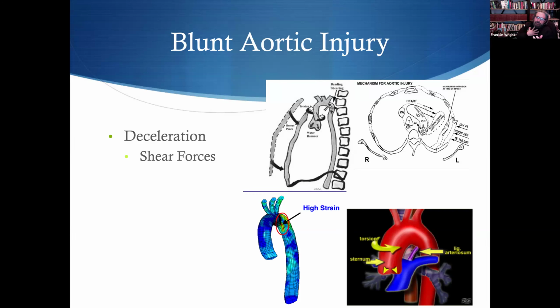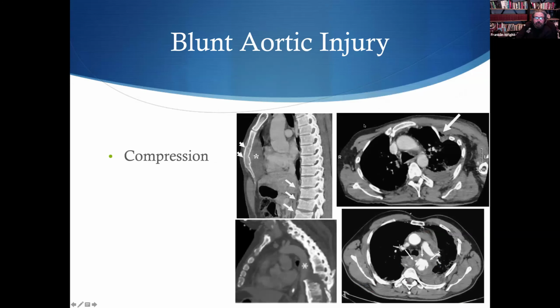So you've got all your great vessels going to your brain and upper extremities tethering you at the top, and you've got the ligamentum arteriosum tethering you at the bottom, and that's a really high strain area, and a really high percentage of people tend to injure their aorta right at that area.